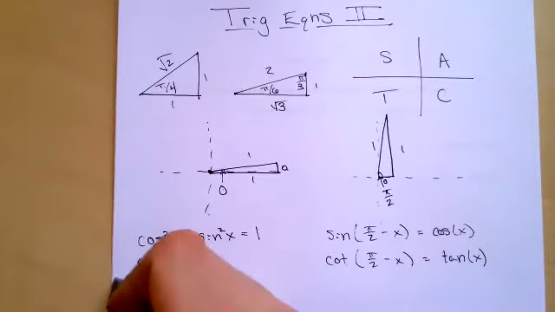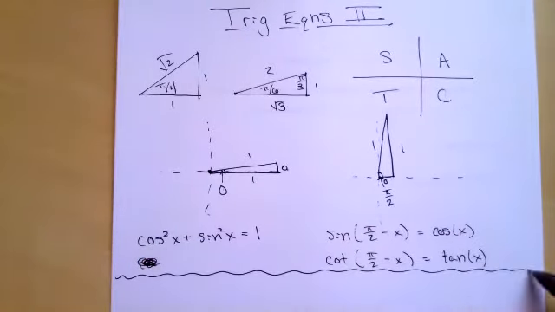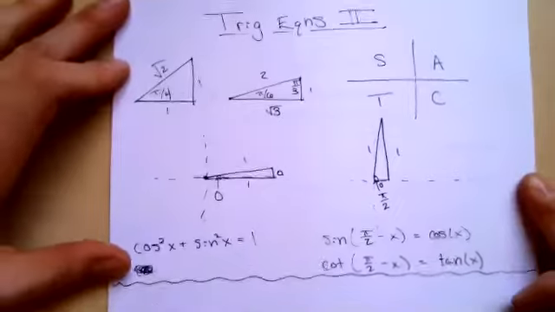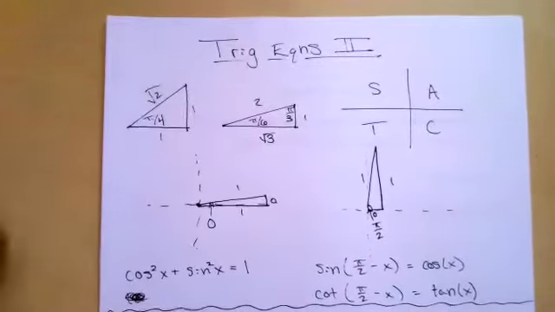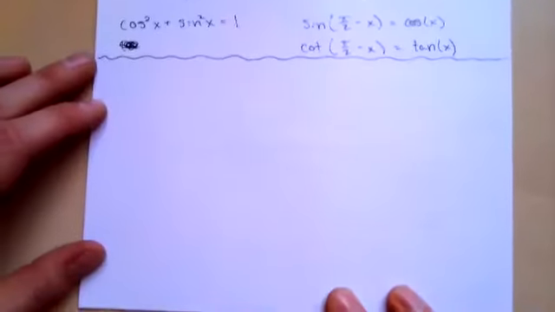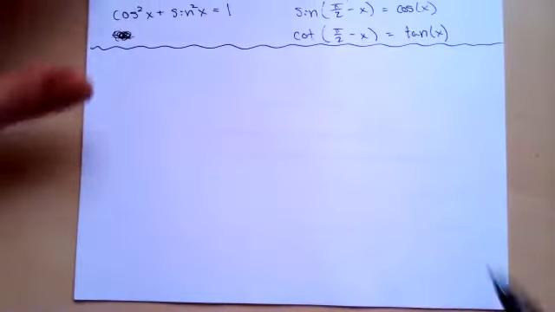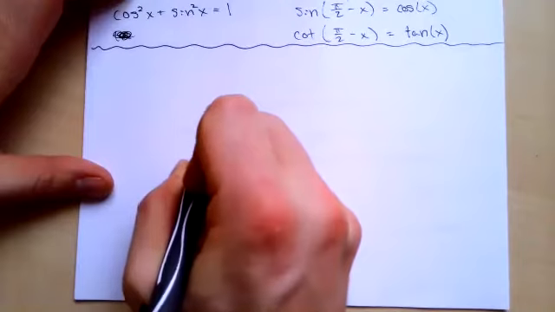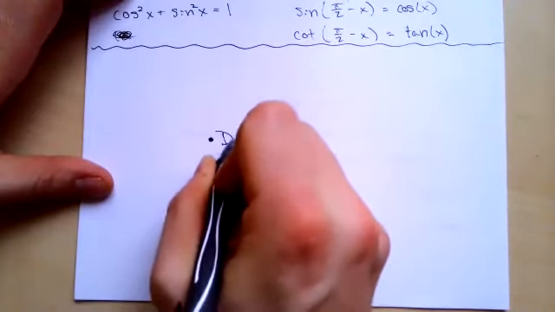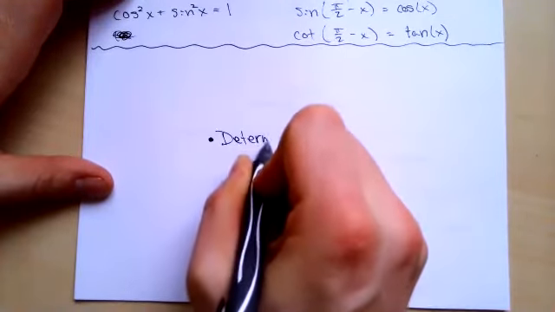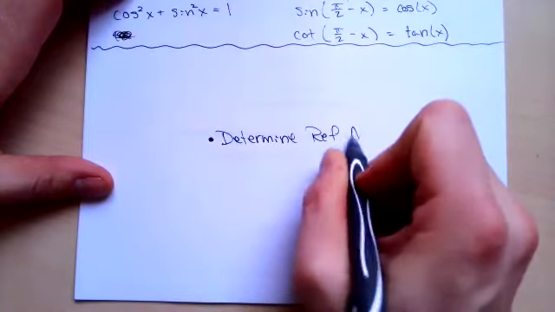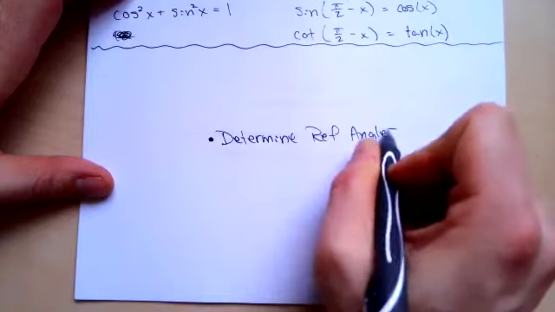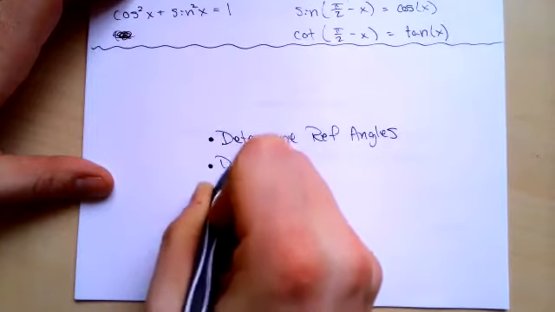And then the other thing I want to write down is our steps. So let's just keep this first page as our reference sheet for solving these types of problems. We've got our trig information, and now let's rewrite the steps we were coming up with on Friday. The first step we were doing was determine the reference angles and the quadrants.